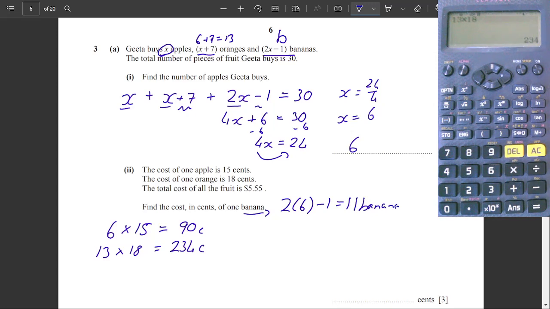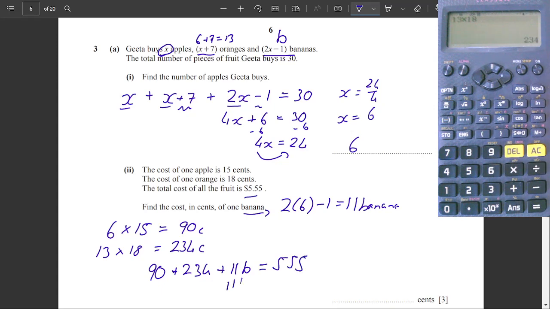So there's the 90 cents she paid for the apples, there's 234 cents she paid for the oranges, and then there's the 11 bananas, but we don't know how much she paid for them. In total, that was 555 cents.